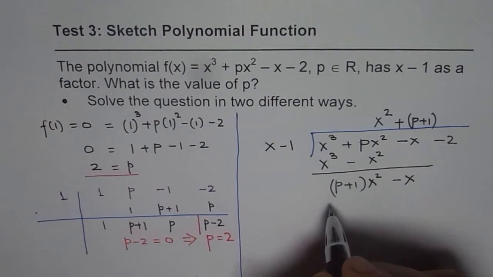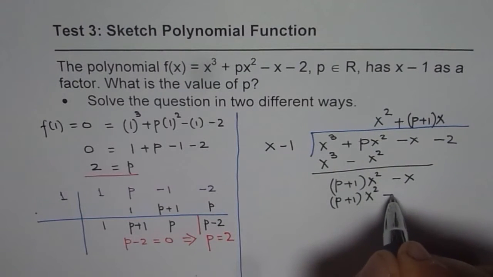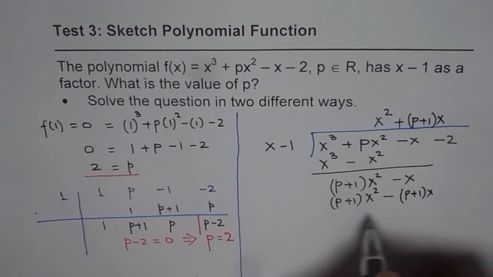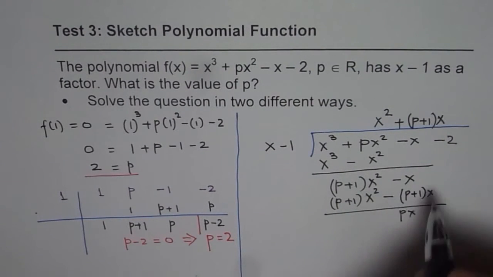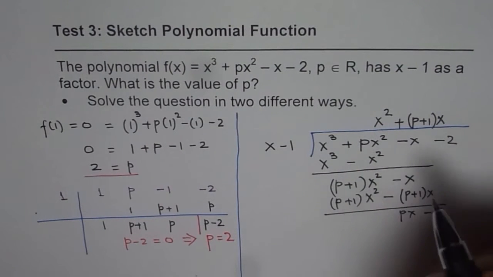So let's multiply. We get p plus 1 times x, that is, x squared minus p plus 1 times x. Now when you take that from minus x, you get px, and minus x becomes 0 when you take away, and minus 2.